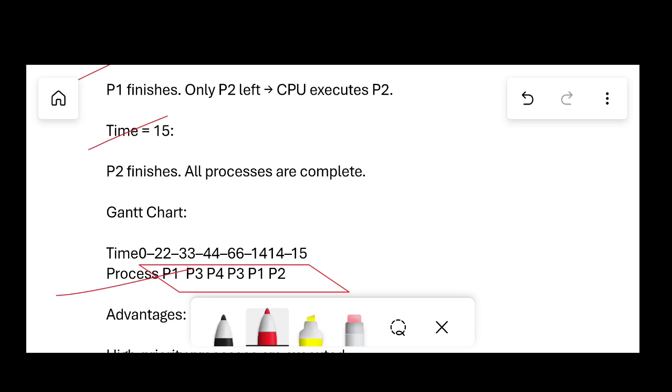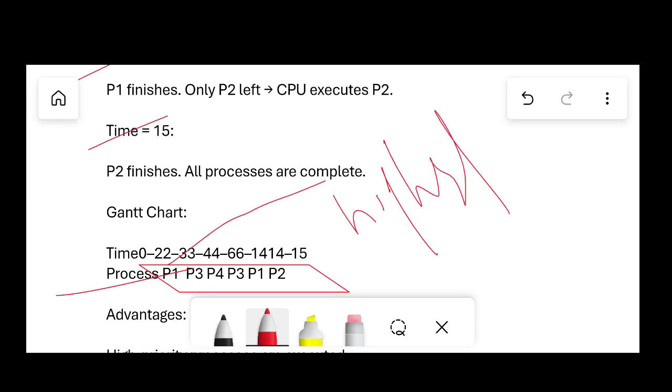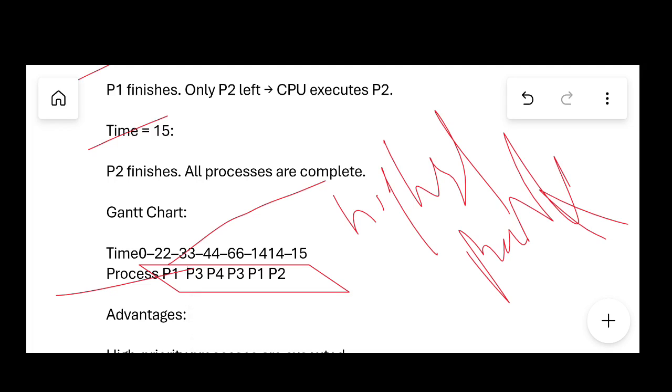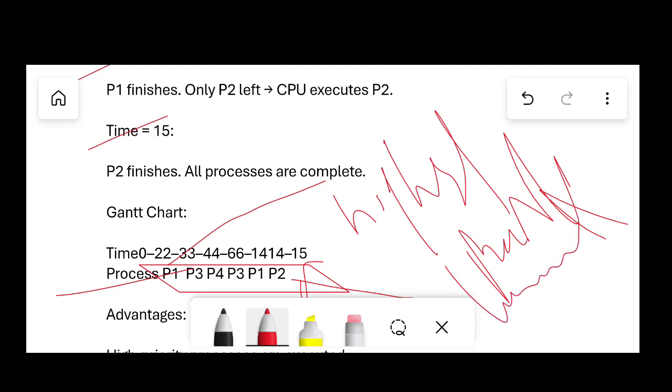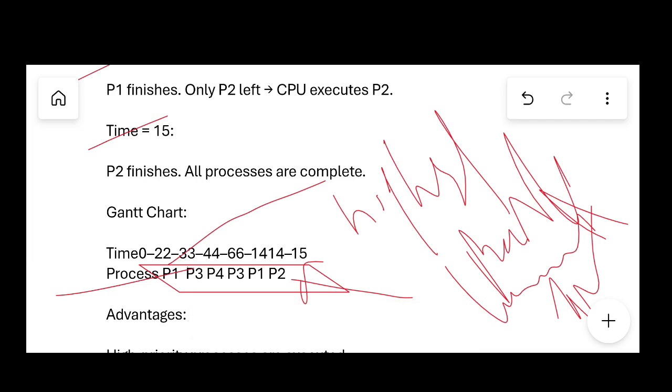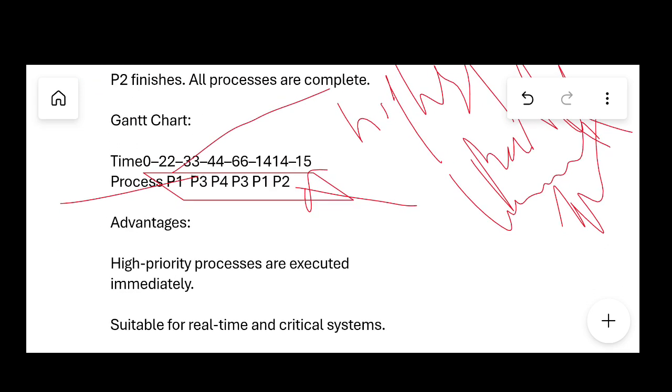Lower priority processes have to wait, but they eventually get their turn in the end. Now advantages.